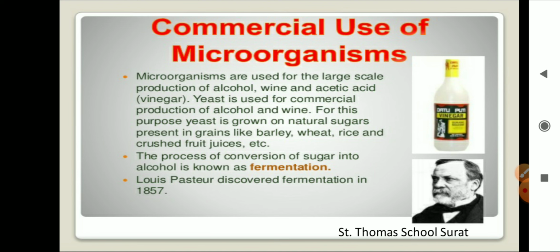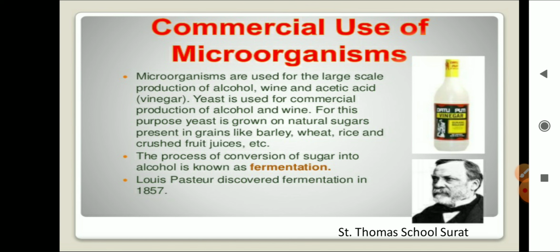Microorganisms are used for the large scale production of alcohol, wine and acetic acid. I told you acetic acid is vinegar. Yeast is used for commercial production of alcohol and wine.